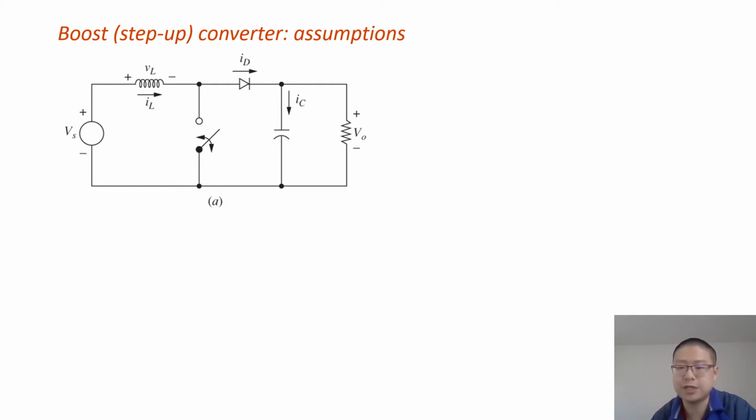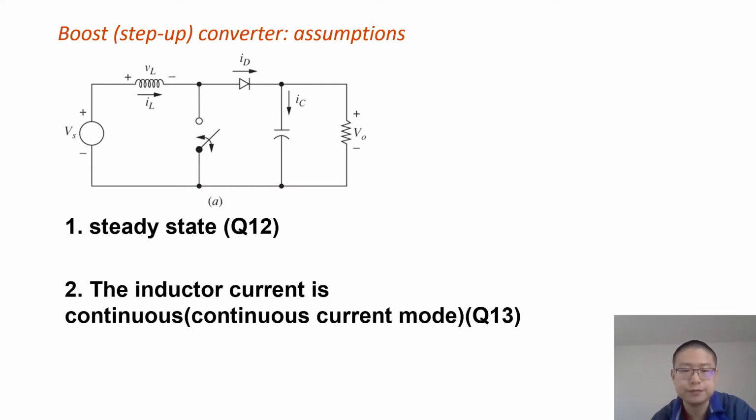Before our discussion, we need to make some assumptions to simplify our discussion. The first assumption is that the circuit operates in steady state. We will use this assumption in question 12. The second assumption is that the inductor current is continuous.